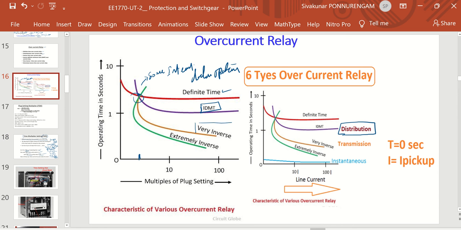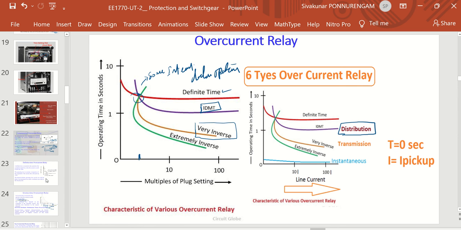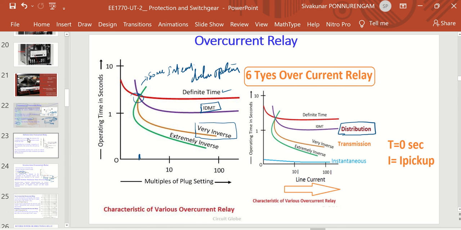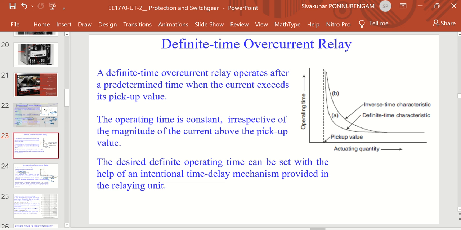Next we are going to see the very inverse operation, compared with the definite time.